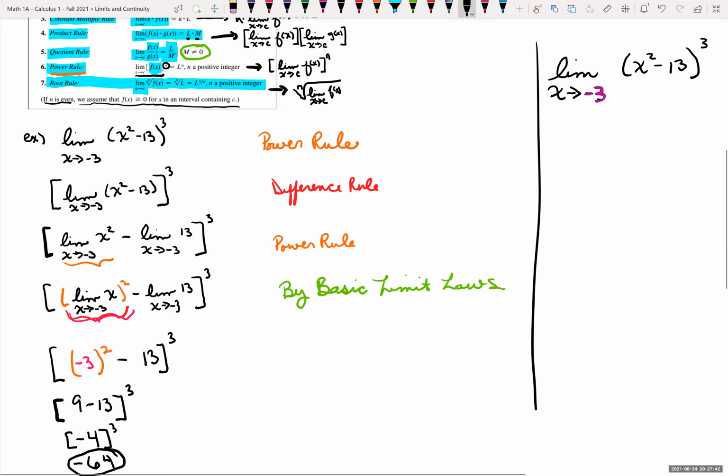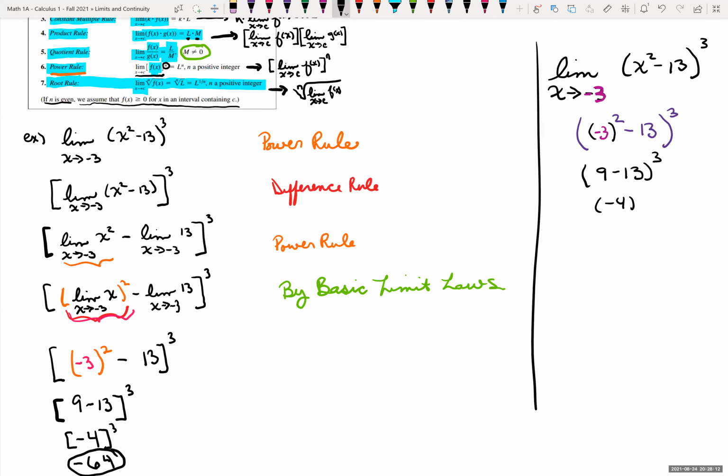So I have -3 quantity squared minus 13, and then I'm cubing that. Order of operations: -3 squared is 9, 9 minus 13, and then I cube this. That's -4 cubed, which is equal to -64.